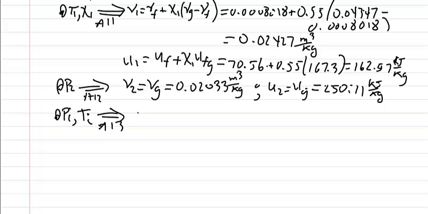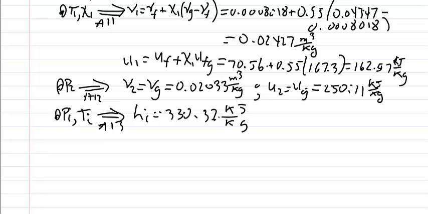So we go into the 1.4 megapascal subtable, we read down to the 100 degrees Celsius line, and we get the enthalpy of that inlet flow stream as 330.32 kilojoules per kilogram. So now we have all the data we need.